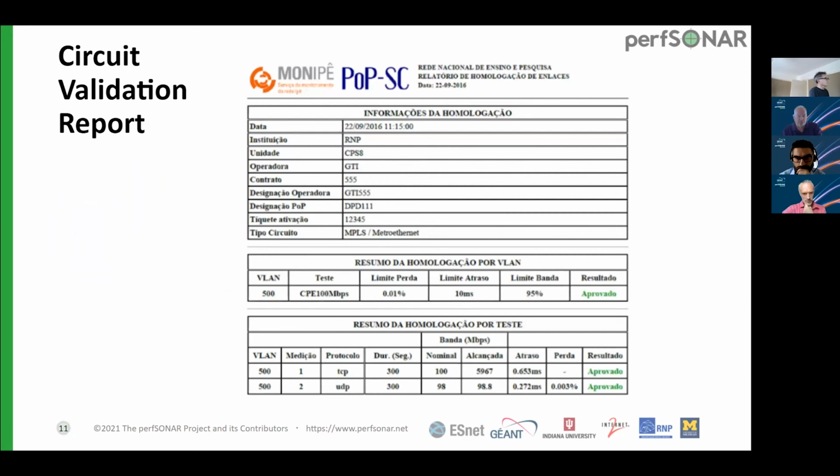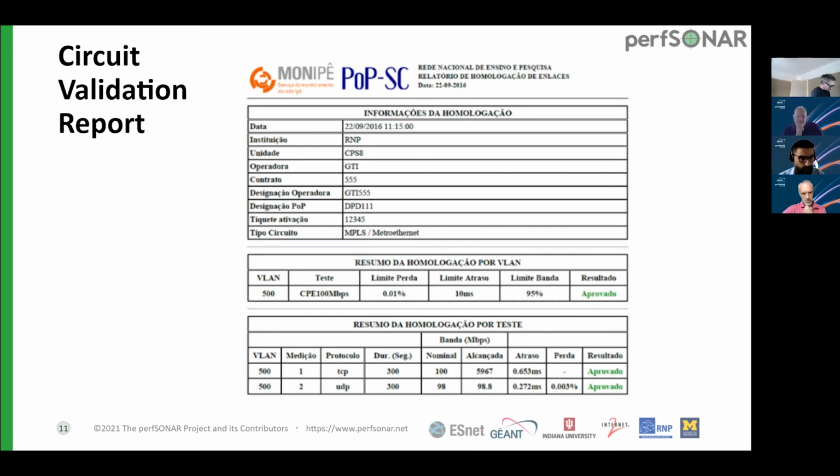After the end of this test, these are long tests of 24 hours on not yet activated circuits, so they don't have background traffic. So you can have a very clear result of the throughput and the latency, and whether it is meeting the requirements of RNP: less than 0.01% of loss, less than 10 milliseconds of latency, and reaching 95% of the contracted bandwidth.